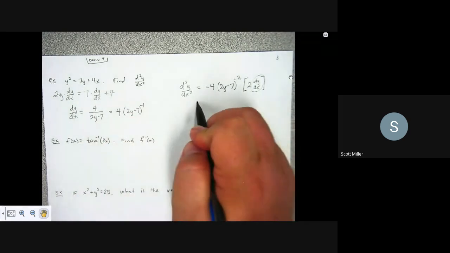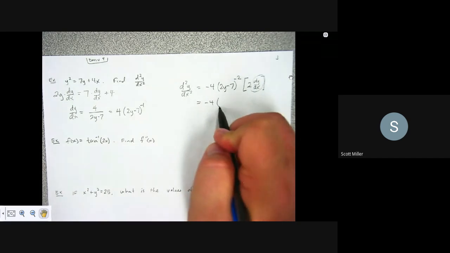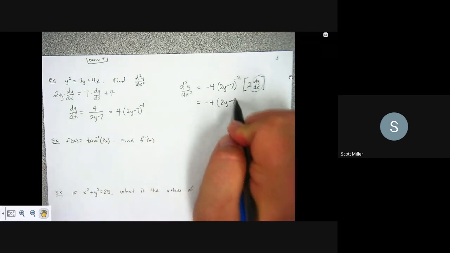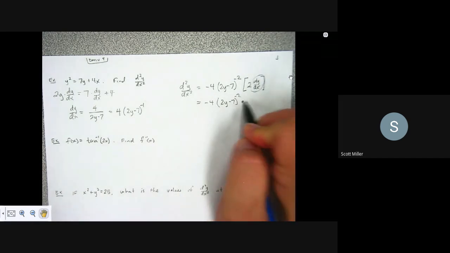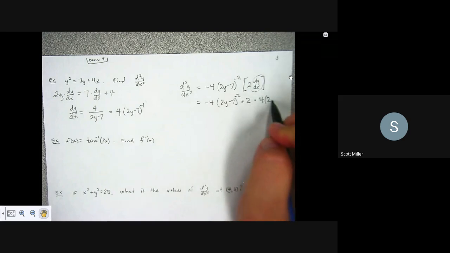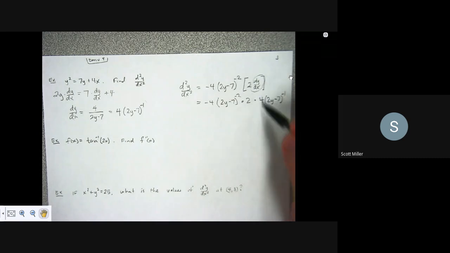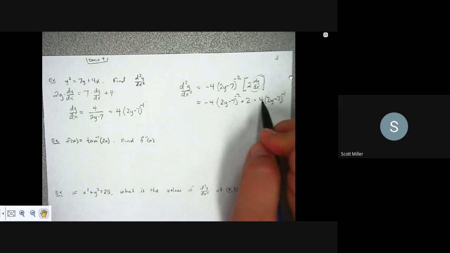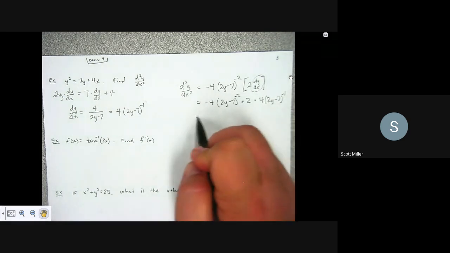So in doing so, this becomes a negative 4 times 2y minus 7 to the negative 2, times 2 times 4, 2y minus 7 to the negative 1. So this is that. And so now I can bring things together a little bit easier. This is a 4, 8 times 4, negative.